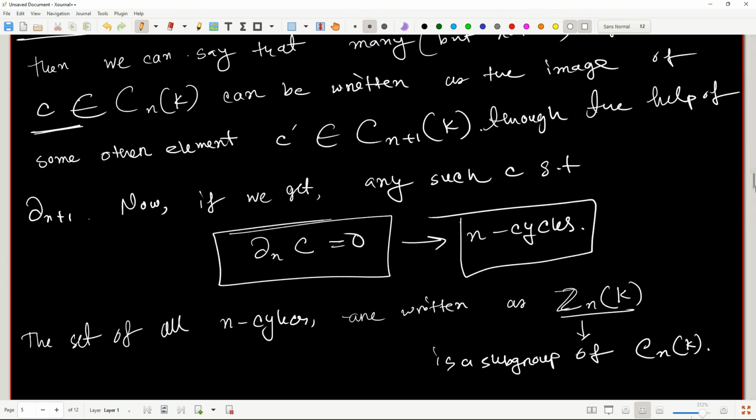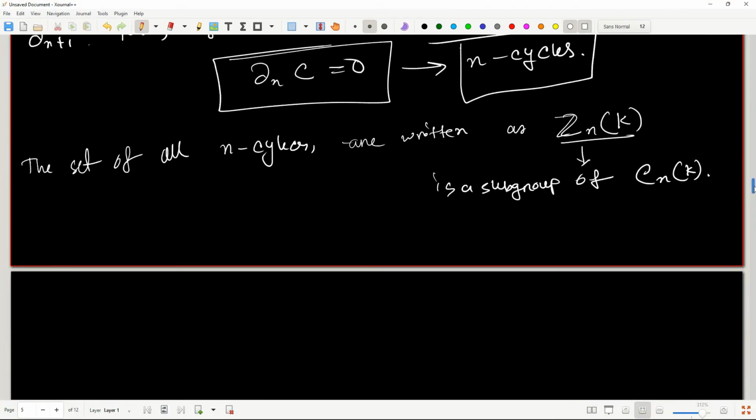Okay, so if you take Z0 of K, you will notice that this Z0 of K only contains 0 chains.